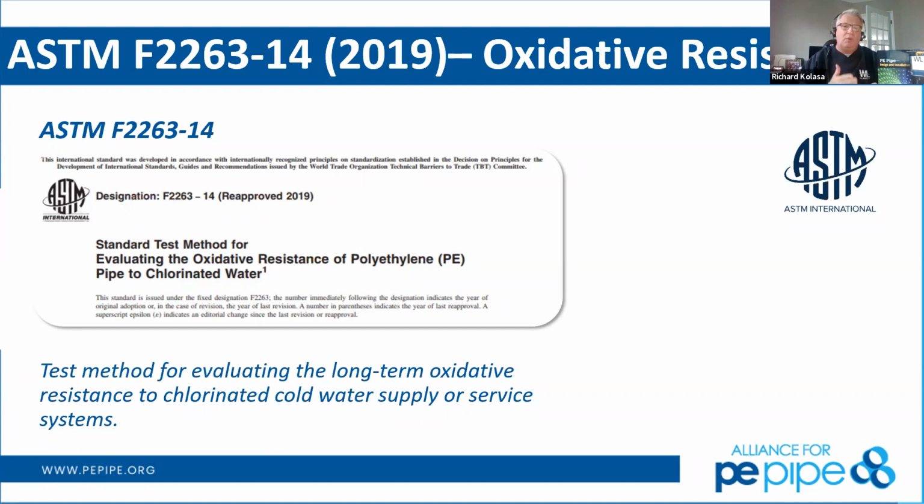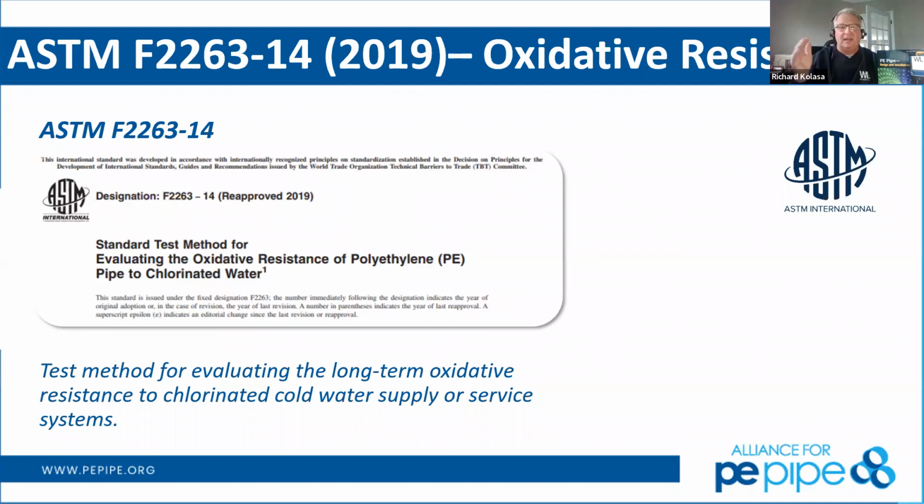This particular test method was developed to really look at how polyethylenes perform. And so now what we've done is create a classification, which is now included in the ASTM D3350. It's not a cell class, but it is a cell classification as C1, C2, or C3.